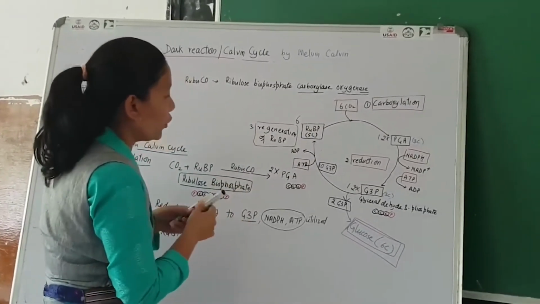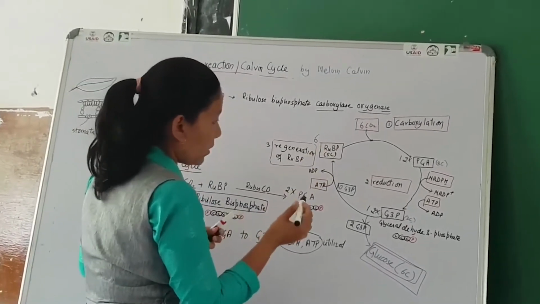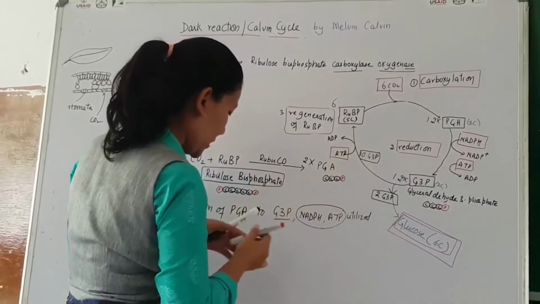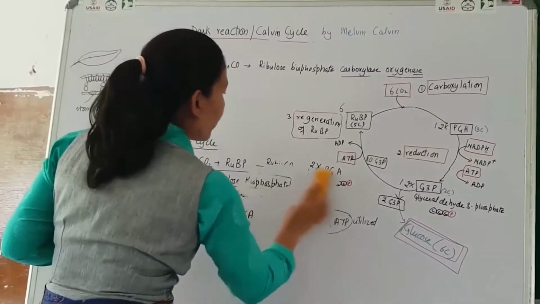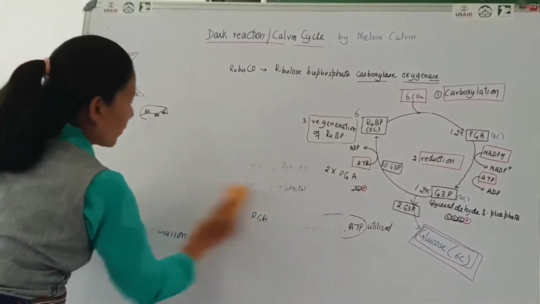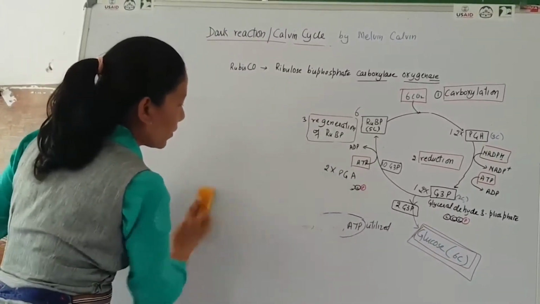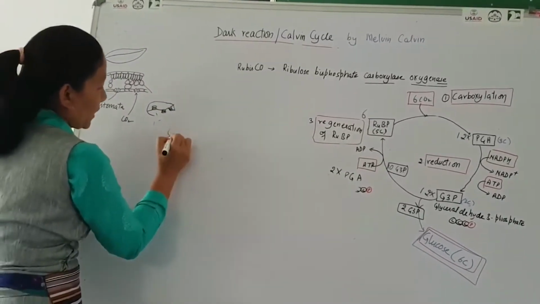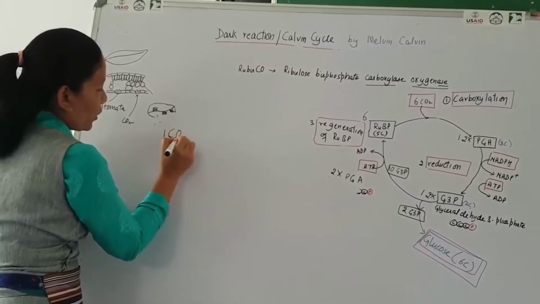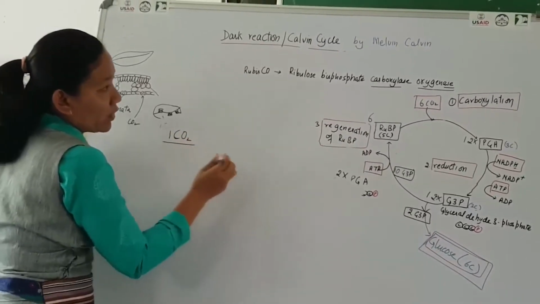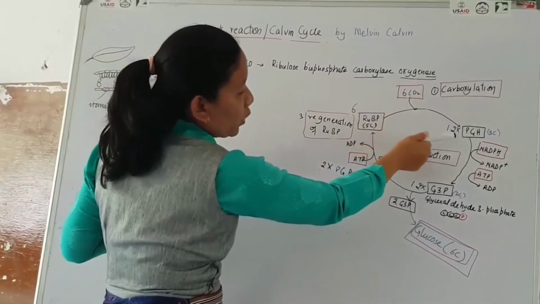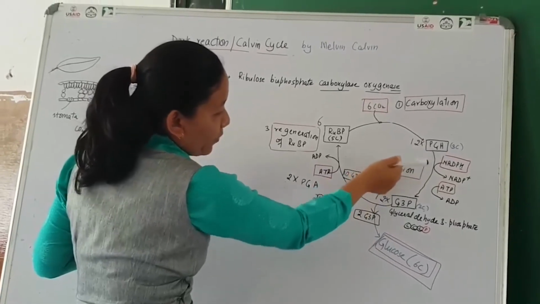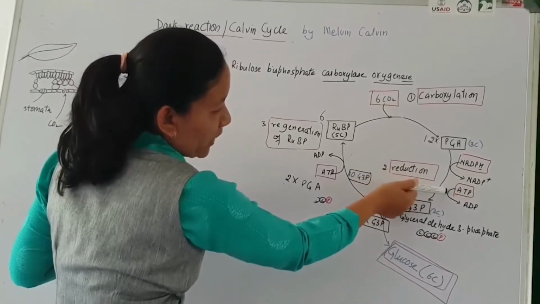Let me just write it in a simple way. To fix 1 carbon dioxide, when one carbon dioxide is fixed, we get 2 PGA, and both the PGA undergo reduction, and in the process NADPH and ATP are utilized.